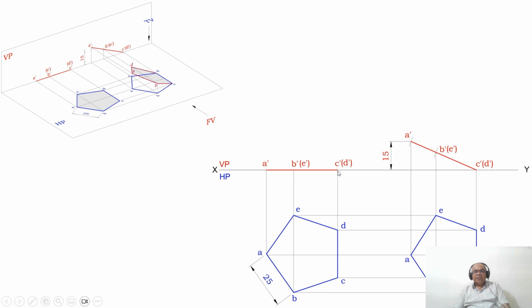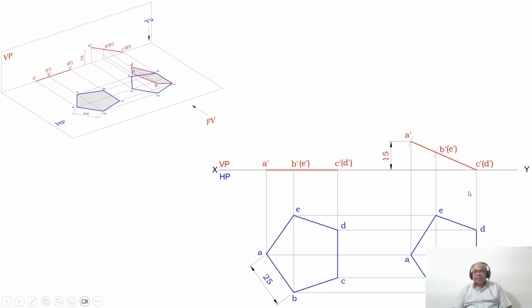Then you measure the distance from C dash to A dash using the compass, and with C dash as center, cut on the previously drawn horizontal line. You mark this point as A dash. Then join A dash to C dash with a dark line. Then you measure the distance from C dash to B dash, and with C dash as center, cut on this inclined line. You mark those 2 points B dash and E dash.